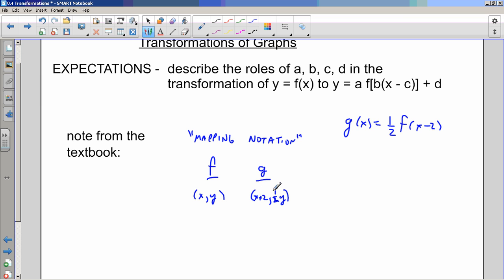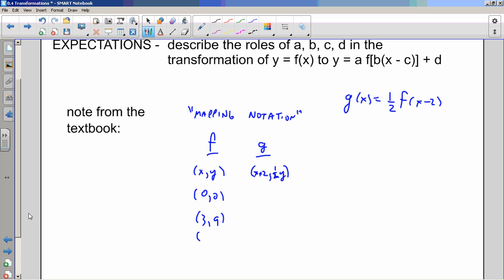And this is kind of like a formula for points that are on g. And so then our textbook goes ahead and says, well, what are some points that are on f? Well, we've got a bunch of points on f here. Why don't we just list off a few of them? There are some points on f, so what would those points be on g? Well, now that I've calculated a formula for all the points, all I have to do is fill them in.